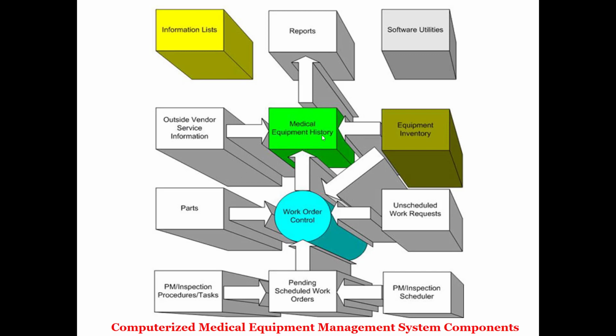So the medical equipment history comes first, and based on this medical equipment history, reports will be generated. This is the essential point behind this computerized medical equipment management system, which helps us to reduce cost, to improve the quality of care, and to perform a lot of tasks, which we'll talk about in the next slides.